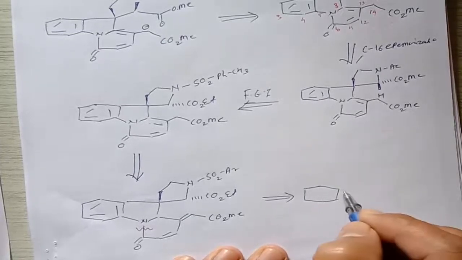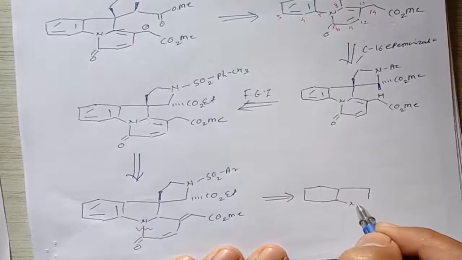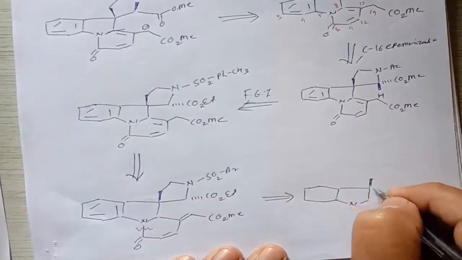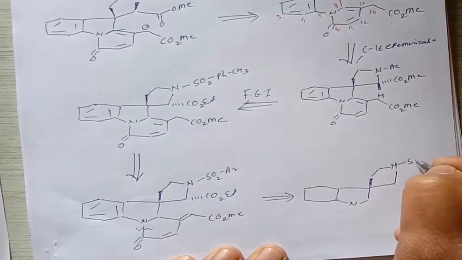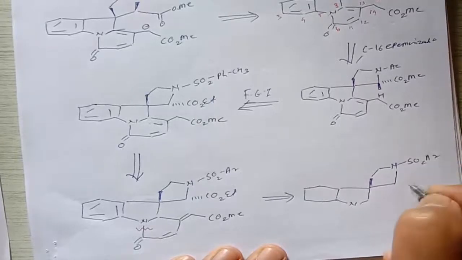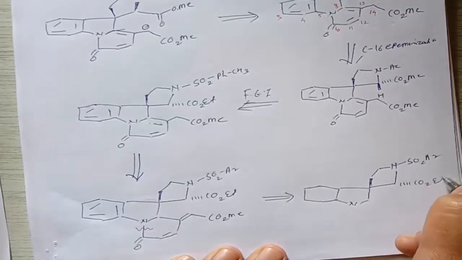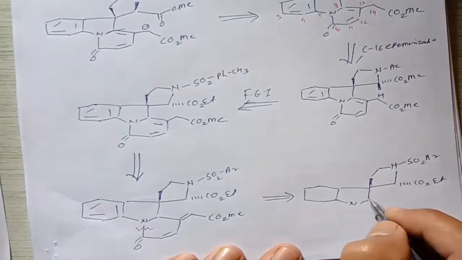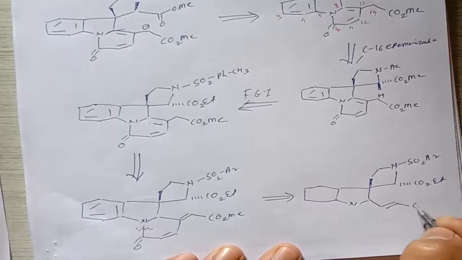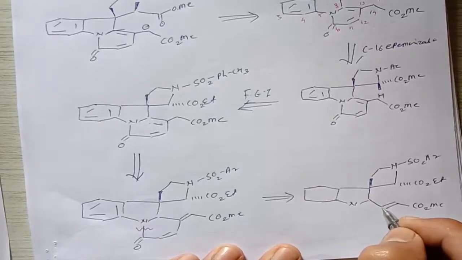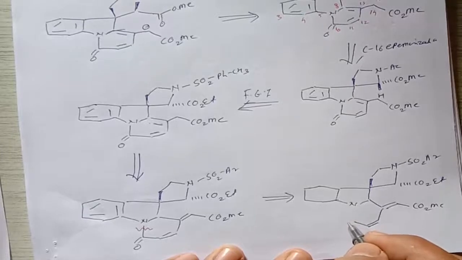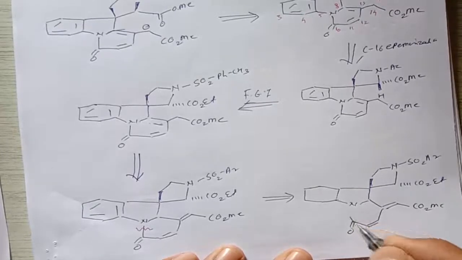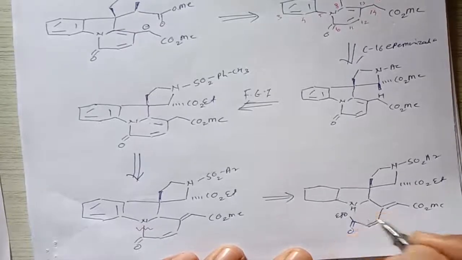So this is an aromatic ring which contains this 6-member ring, a 5-member ring, then it contains a nitrogen, CH2, then this is SO2Ar, then this CO2Et will be the same here, and then here is a carbon-carbon double bond, then CO2Me, and here we are breaking this bond, so it is a CH double bond, and again we can introduce a C double bond O, as well as a good leaving group, that is OAc here, and this is NH.